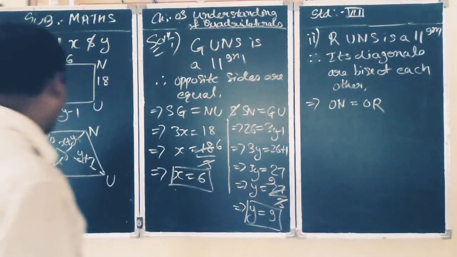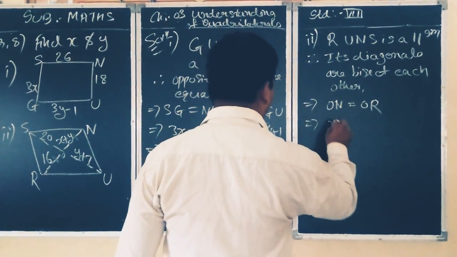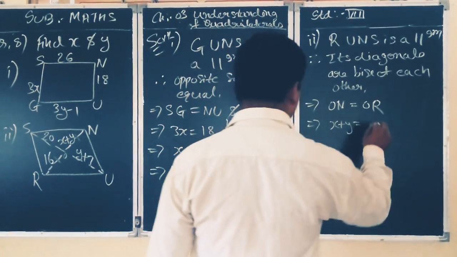ON is equal to OR. ON is x plus y, which is equal to 16.